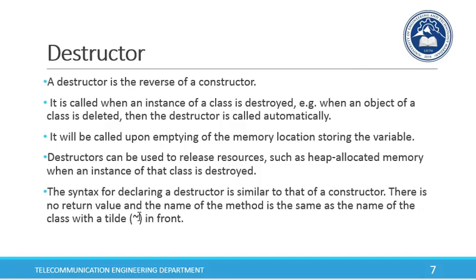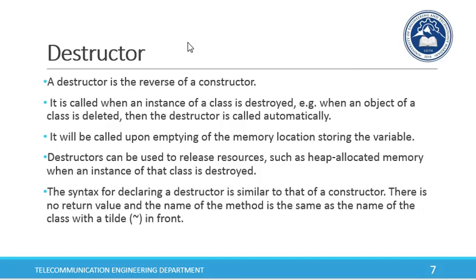But what is the difference between a constructor and destructor? Whatever data variables you assign in the constructor, it will assign some memory, but when the destructor is called, it will empty the memory, and you have to use a tilde sign in front of a destructor.